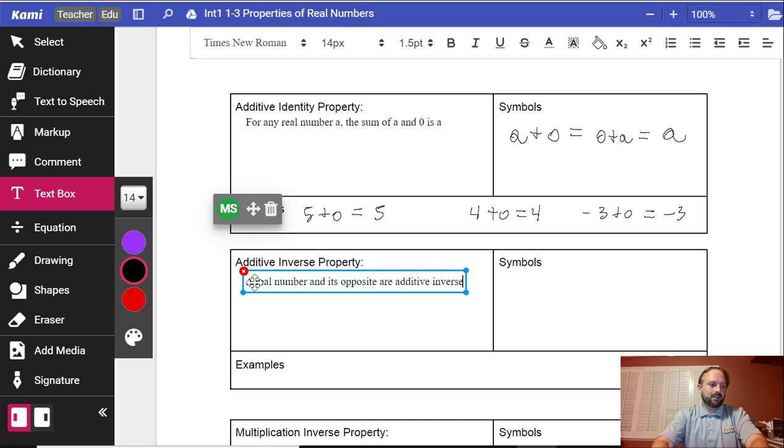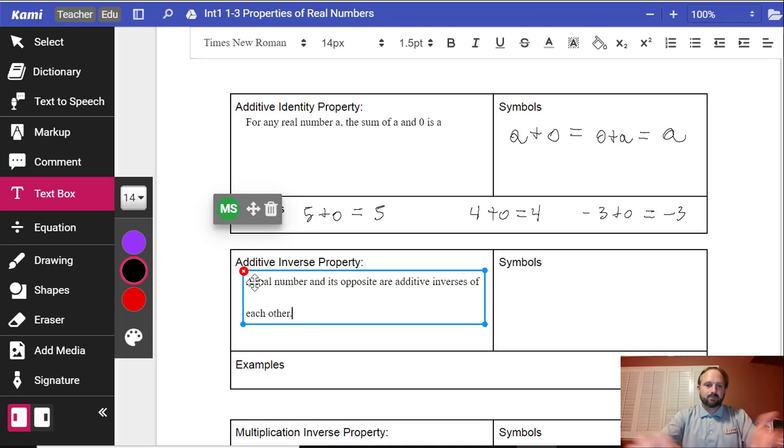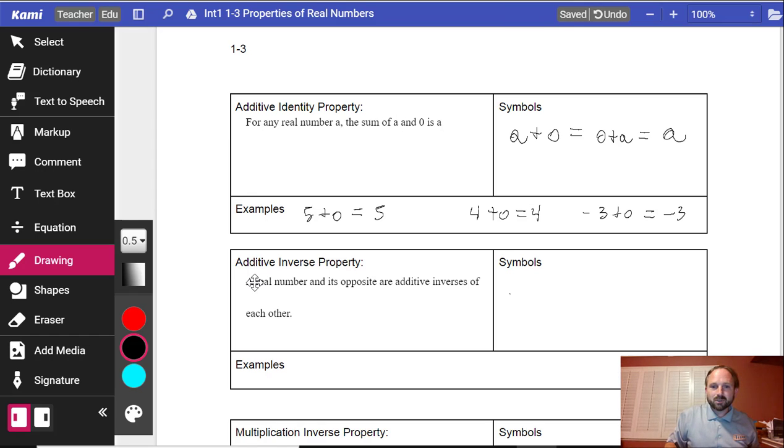Okay, additive inverse. For this one, we have a real number and its opposite are additive inverses of each other. What does this mean? Well, let's write in our symbol. A plus negative A will equal 0. They cancel out. Okay, well, what's the example? Well, number-wise, 5 plus negative 5 equals 0.